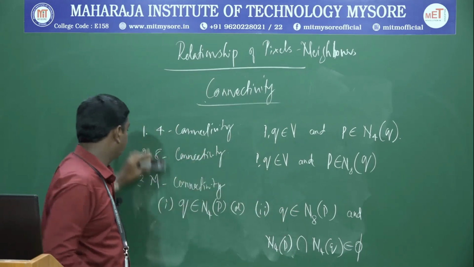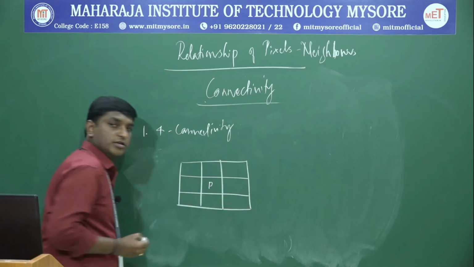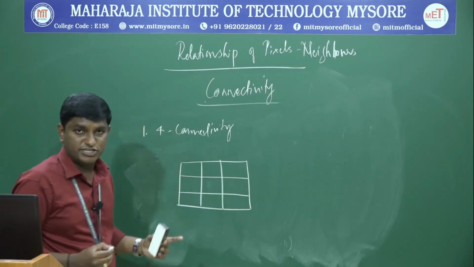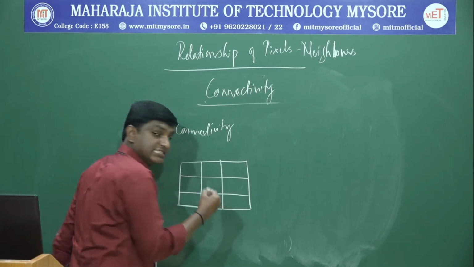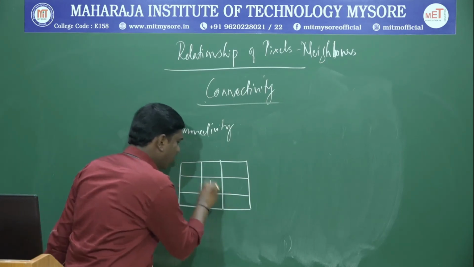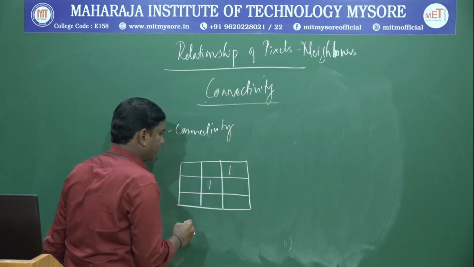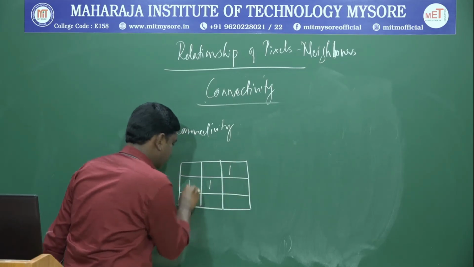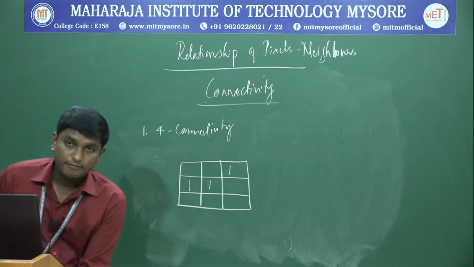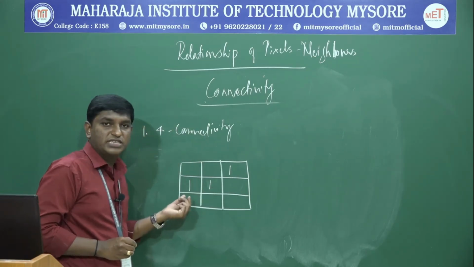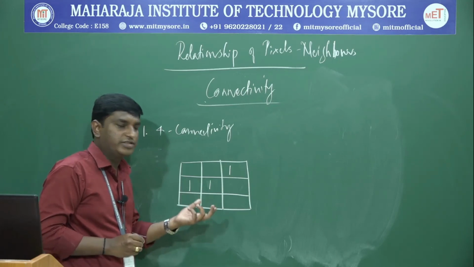Firstly, we will see 4 connectivity. There is a pixel P here. Instead of taking a pixel P, we will take the intensity gray level values. This belongs to set V. This is one more, and we have this one. Now, 4 connectivity: whether this pixel and this pixel are connected or not, we will see.